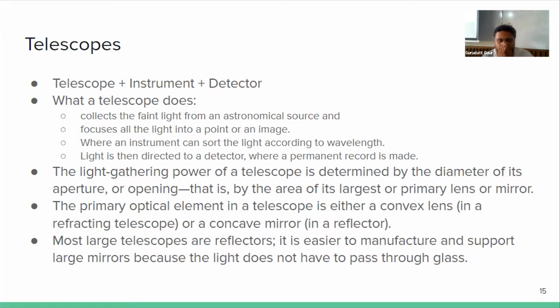Anyway, the objective of the telescope is to collect the faint light from an astronomical source. The light is very, very faint, but can we collect more and more light? Instead of using one eye, can we have more eyes and ask them to add up their observations?